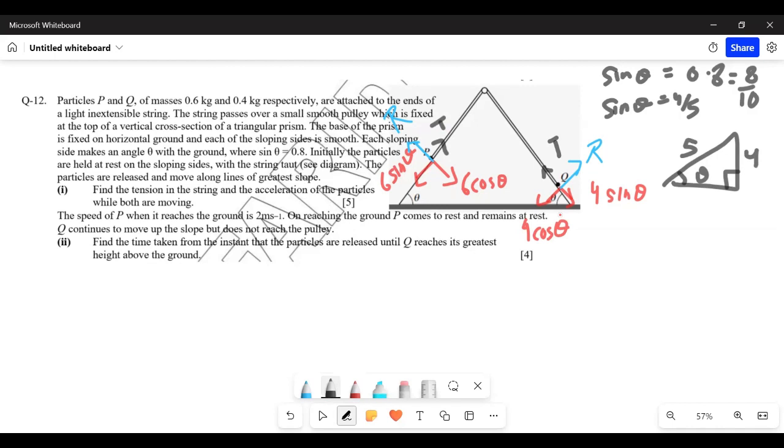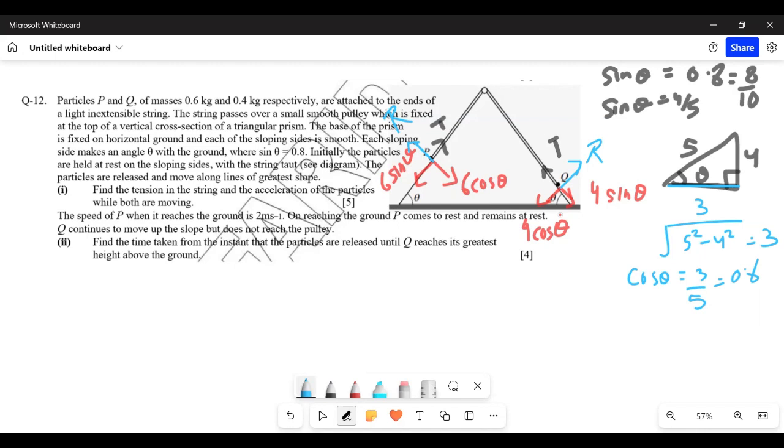So that would make this length 3, because we'll apply Pythagoras theorem here. 5 squared minus 4 squared, square root, is equal to 3. Okay, so that means we now have cos theta as well. Cos theta is going to be 3 over 5, or it's 0.6. Okay, so now we're going to replace cos theta with 0.6 and sine theta by 0.8 moving forward.